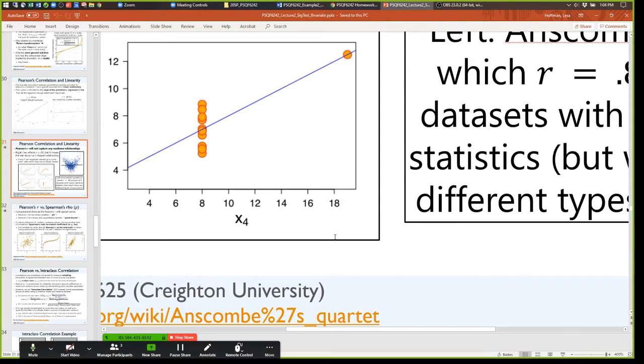This picture right here. If I didn't have that guy, what would my correlation be? Well, X is 8 for everybody. X is a constant. So I'd have no correlation whatsoever if it weren't for that guy.